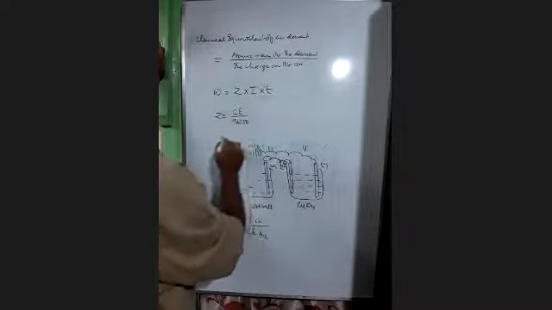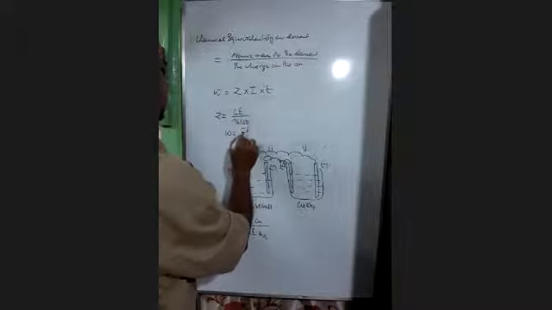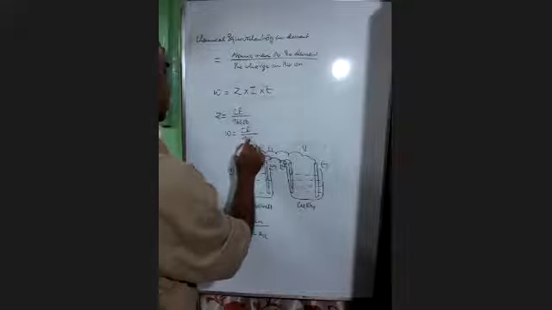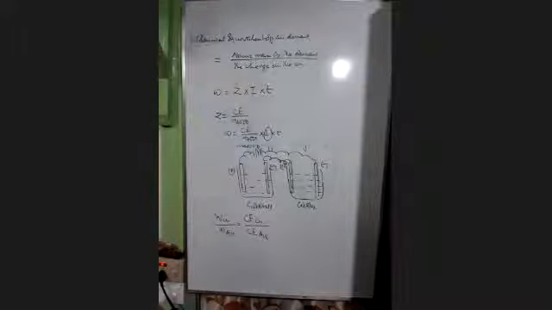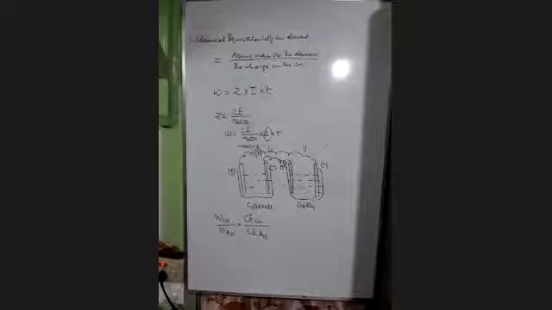So W is equal to the chemical equivalent divided by 96,500 into I into T. Now find out this I. Don't sleep. 0.804 ampere. Correct.